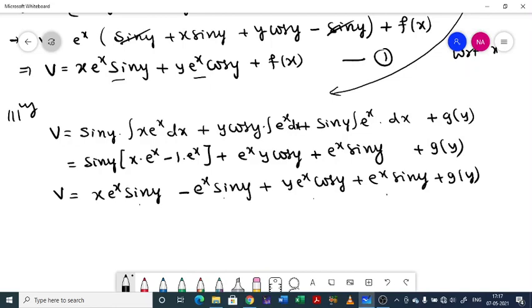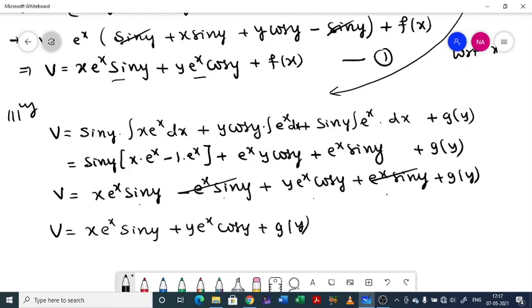I think e power x sin y is e power x minus sin y. These two get cancelled, right? Correct. So v equal to x e power x sin y plus y e power x cos y plus g of y. Yes, you have to take g of y to be 0, and similarly you have to take f of x to be 0.